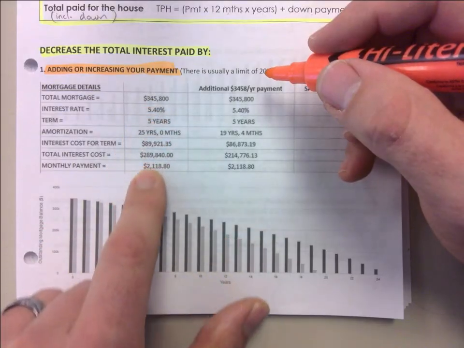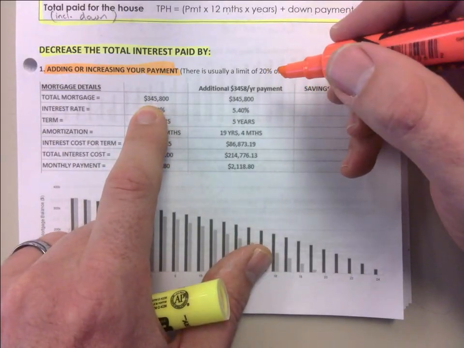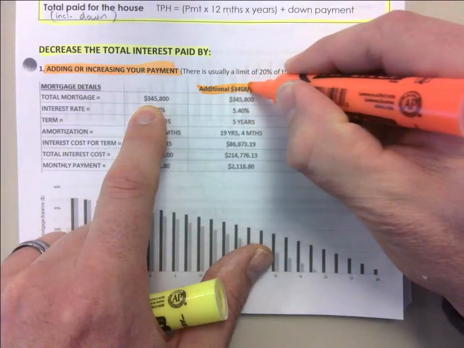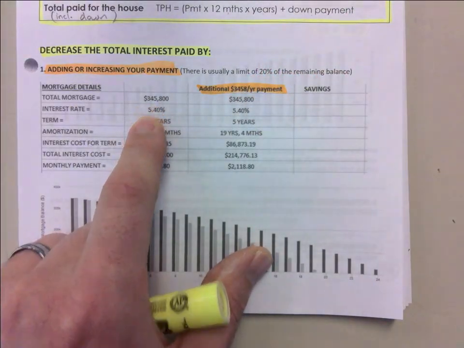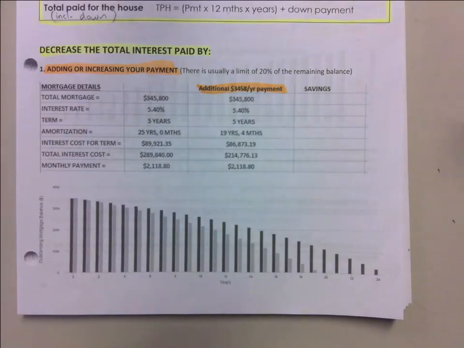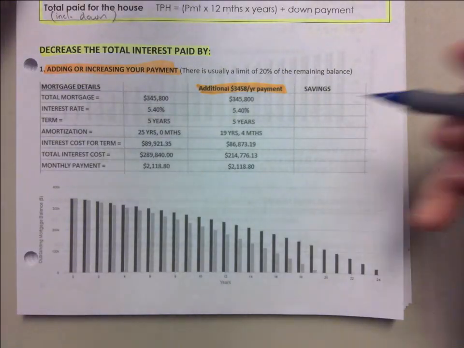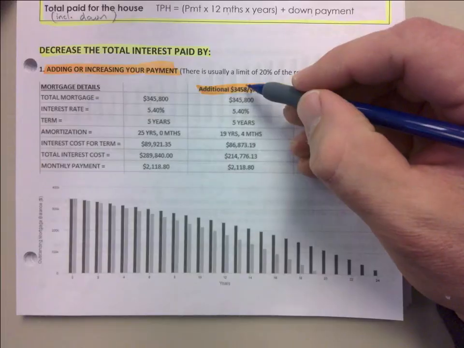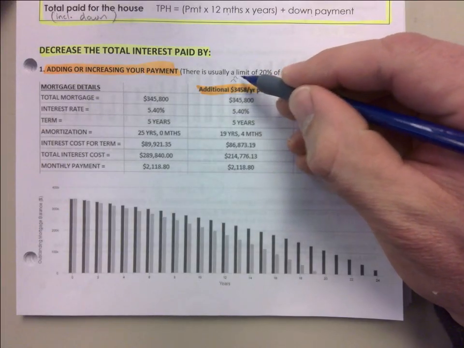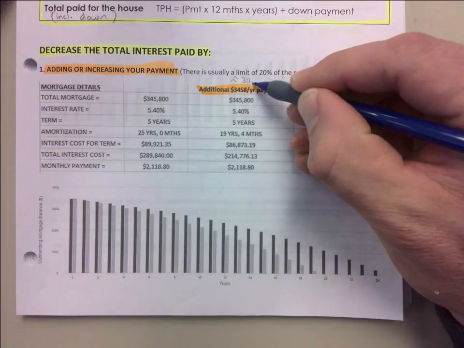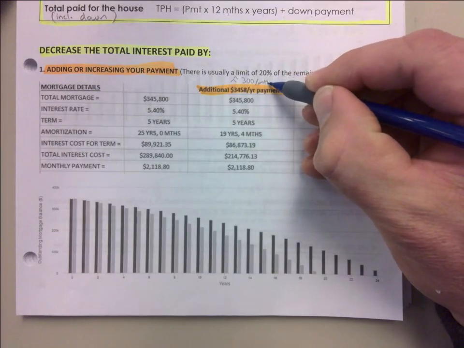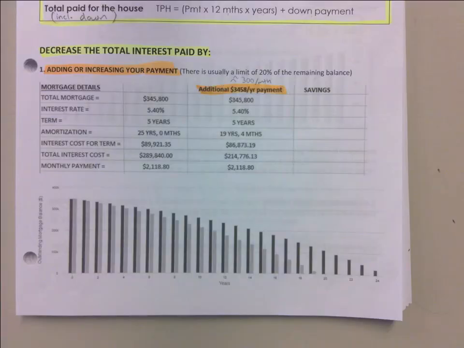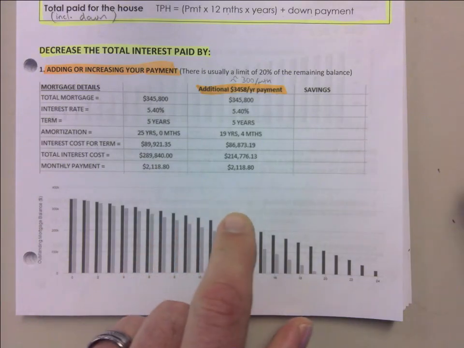So watch what happens. This is your original mortgage for $345,000. If you were to add $3,458 a year, just so you know, in case you're wondering why is that such a weird number, that is approximately $300 a month. So let's say you're like, you know what? I want to make an additional $300 a month towards my mortgage.